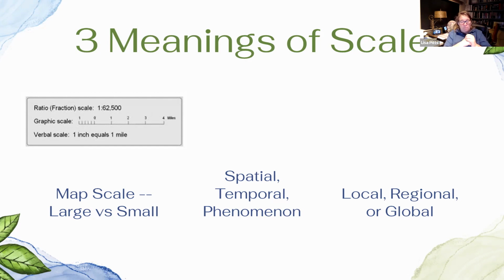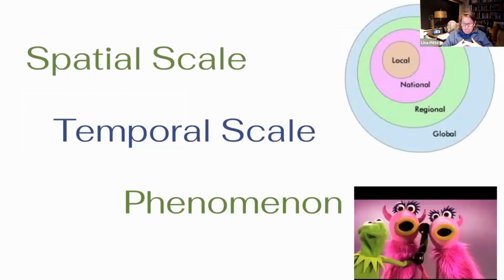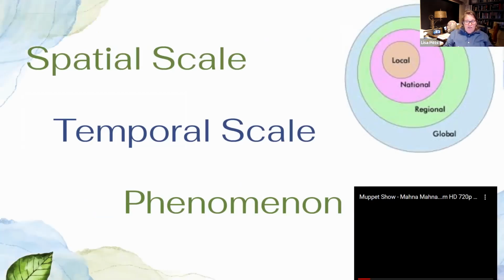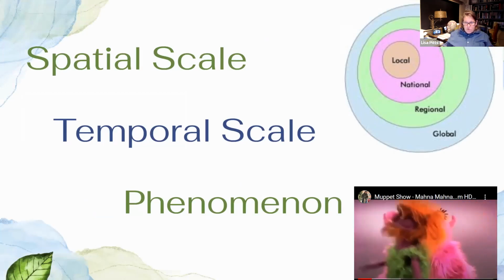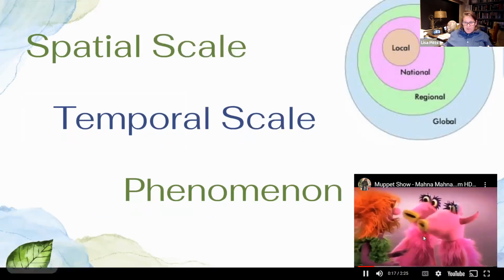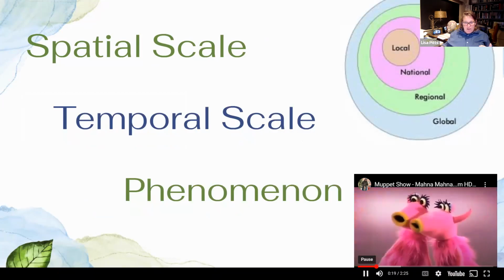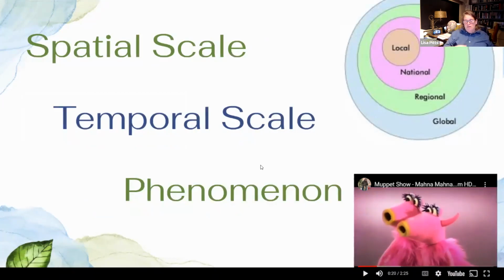So we'll also talk about scale referring to how big or small something is, but when we talk about it in phenomena. So the first type of scale is spatial scale, the extent of which the area or the phenomenon or process occurs.